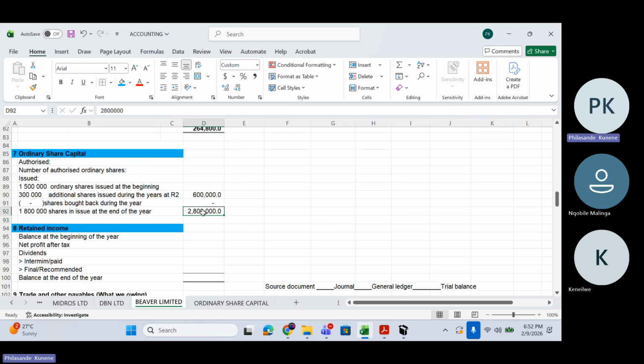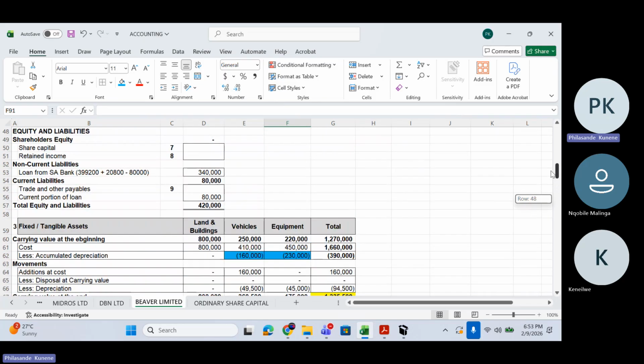Yes, 2,200,000, because we're taking 2.8 minus 600,000. So this is our ordinary share capital. We don't have a share buyback in this one, so it's not giving us trouble. But most of the ones that we're going to be doing in practice are going to have share buyback. So 2,800,000 will be our share capital that's supposed to be here.